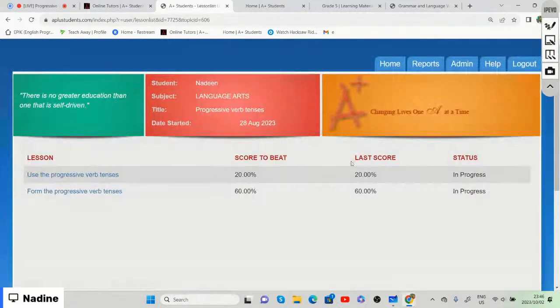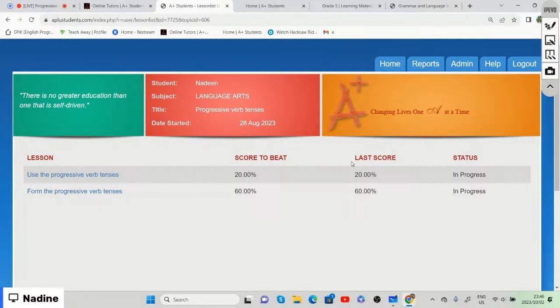All right, so that is our lesson on using the progressive verb tenses. And we said that the progressive verb tenses are your present progressive tense, your past progressive tense, as well as your future progressive tense that shows or describes ongoing action in the present, in the past, as well as in the future, right?